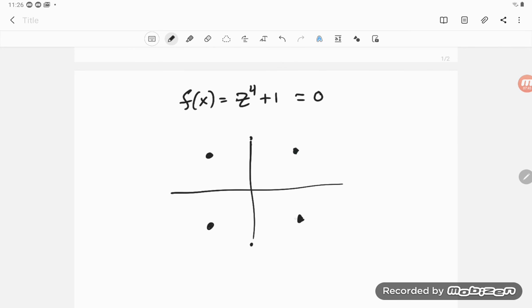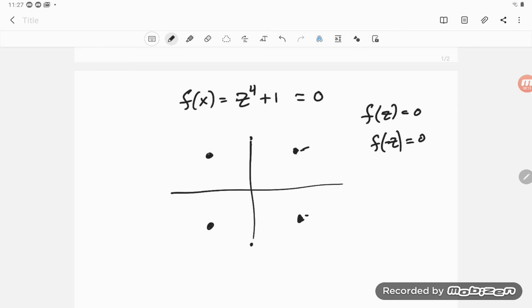So I went with the complex conjugates, up here, down there, but then they also point out that if z works, if f of z is equal to 0, well, then so would f of -z be 0. And that's just real numbers at work, right? If I take -z to the fourth, I get the same thing as z to the fourth.